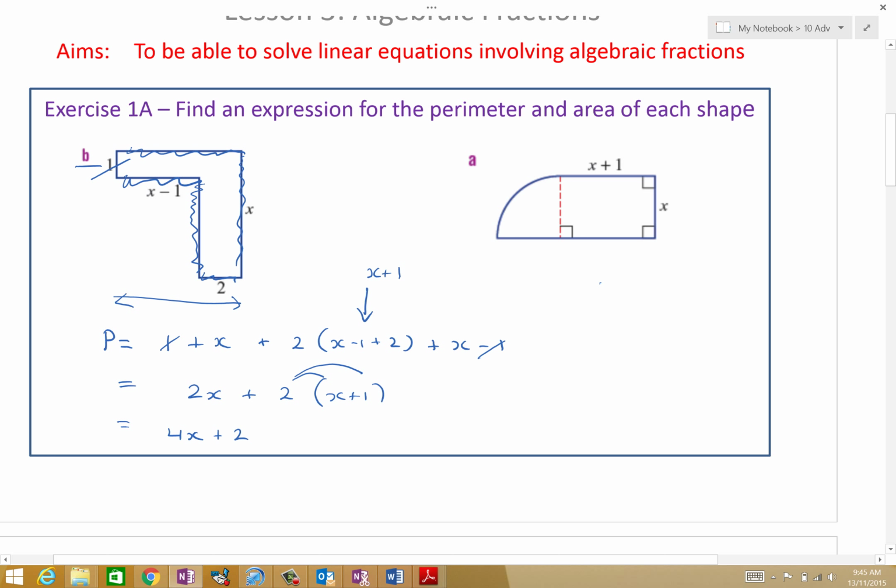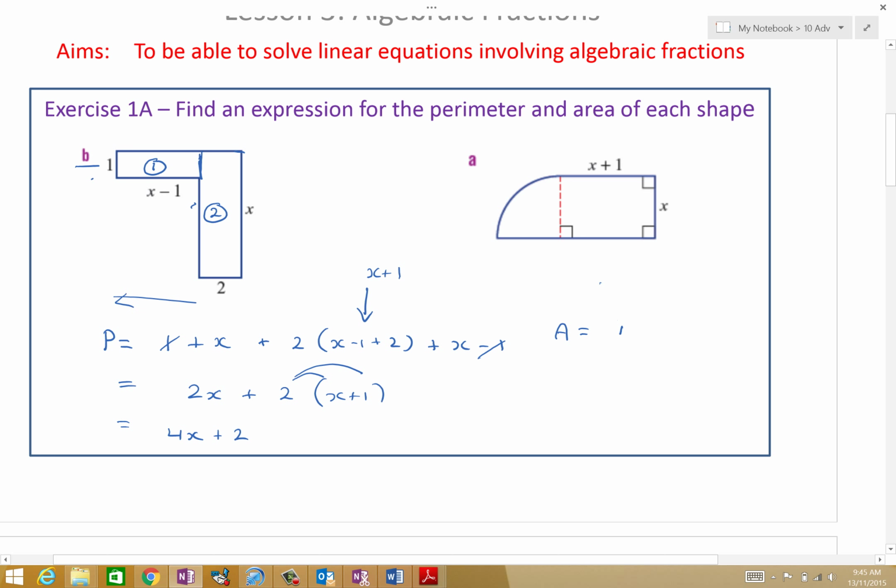Now, what about if I was to try and find the area, though? The area is what? Well, first of all, how would you do it if you were trying to find the area? I could break it up into two shapes. All right, good. Now, we could do it like so. And so that means that we've got the area of rectangle 1 and the area of rectangle 2, if you like.